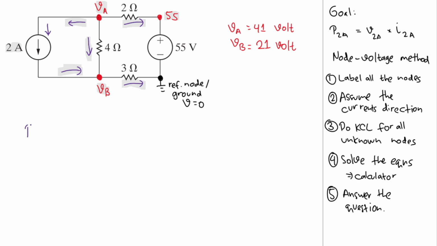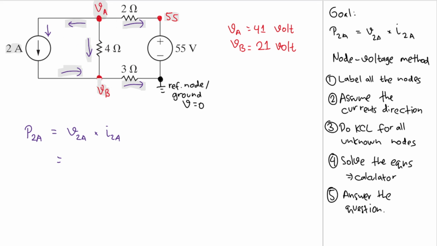The power extracted by the 2 ampere current source, and that is the voltage multiplied by the current. So I'll have the voltage across that 2 ampere current source multiplied by the current of that 2 ampere current source. What is the voltage? The voltage is the difference between this node and this node, right?